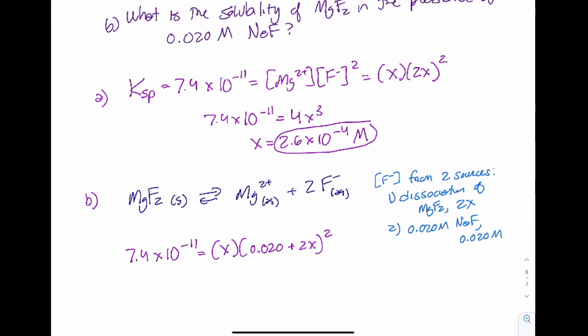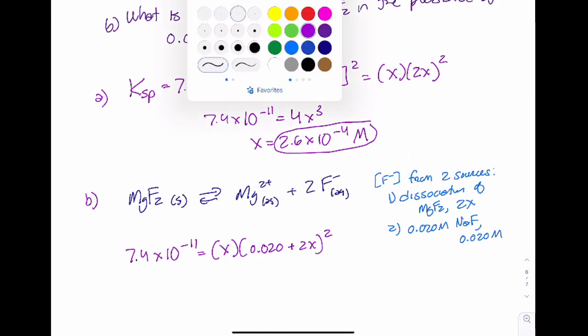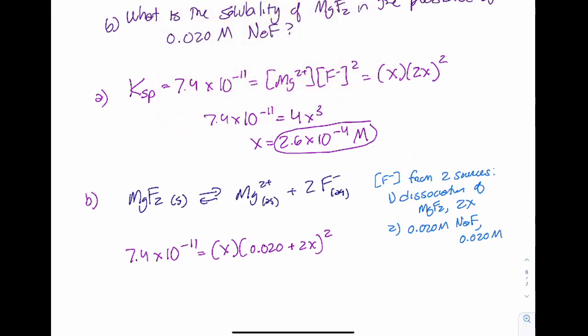And then because my KSP is small, we can assume that this 2x is negligible compared to the 0.020 molar, which makes our math a lot easier. So we can assume this is negligible.